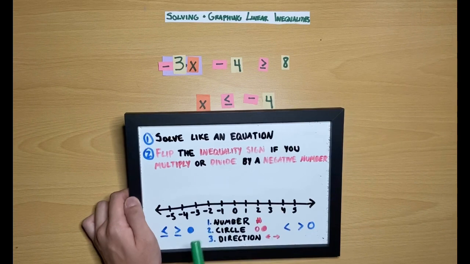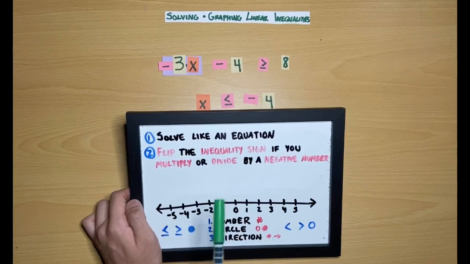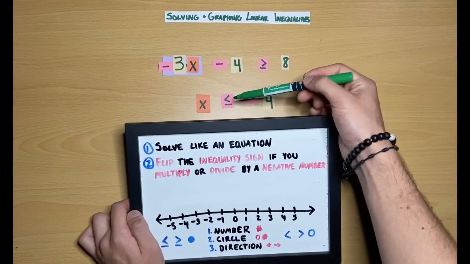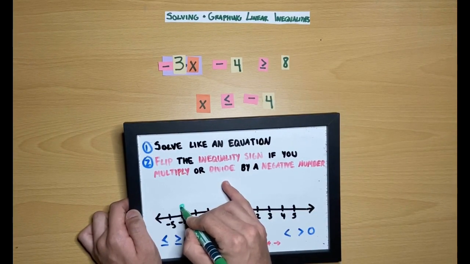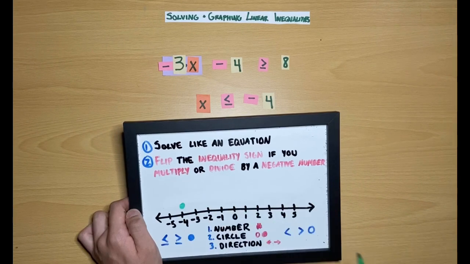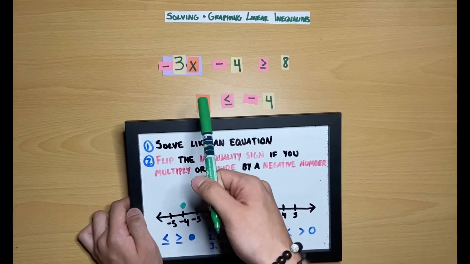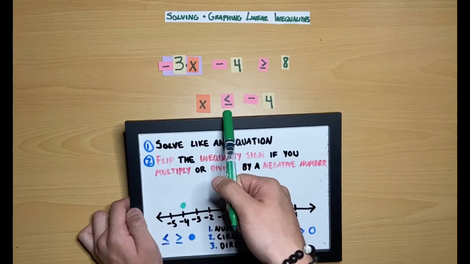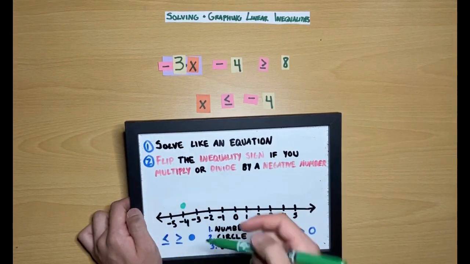Now, as I mentioned, when it is less than or equal to or greater than or equal to, we use a closed circle because that number is included. So in this case, we did use one of these symbols. So it's a closed circle, filled in circle at negative 4. And then now the direction, well, x is less than or equal to negative 4, so it's everything smaller than negative 4, which is to the left.